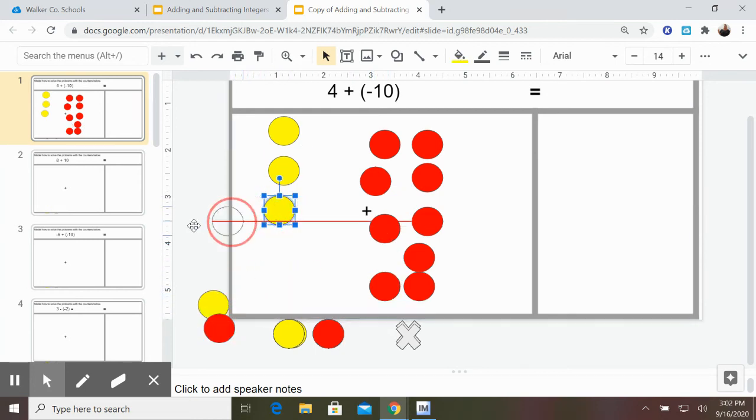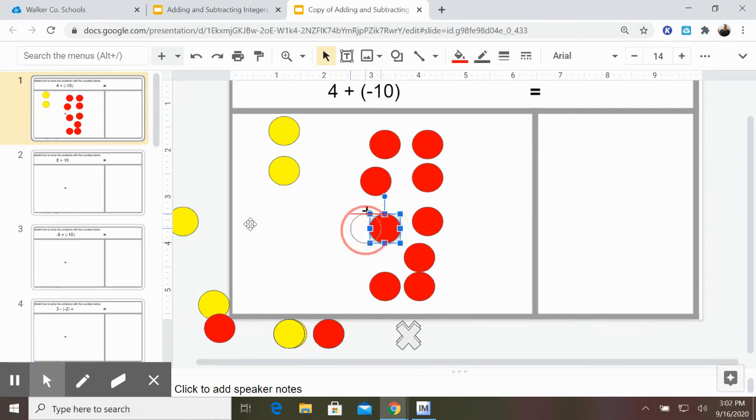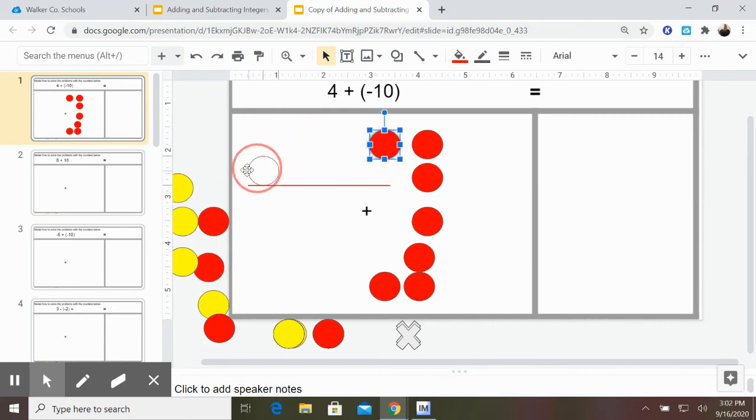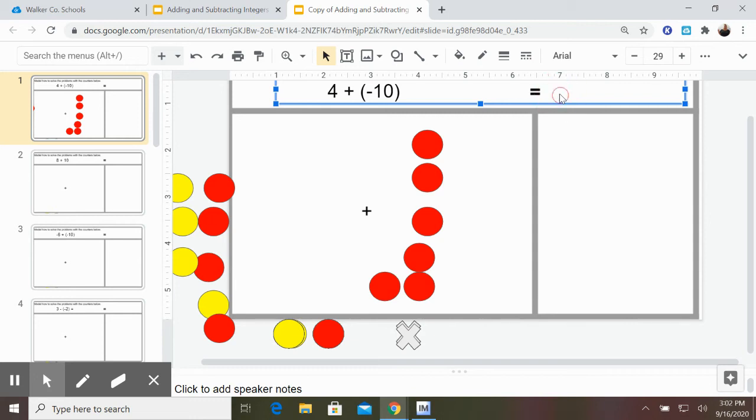I have a yellow and a red, so I move it off the mat. Yellow and a red, move it off the mat. Yellow and red. Now I am left with these: 1, 2, 3, 4, 5, 6. So my answer is negative 6.